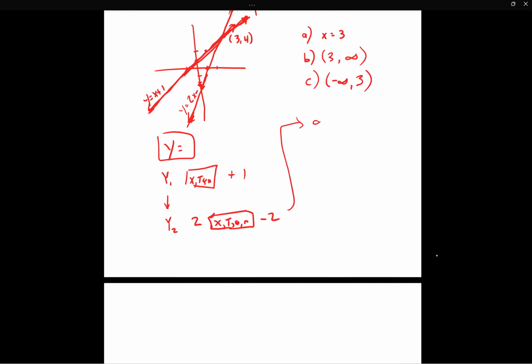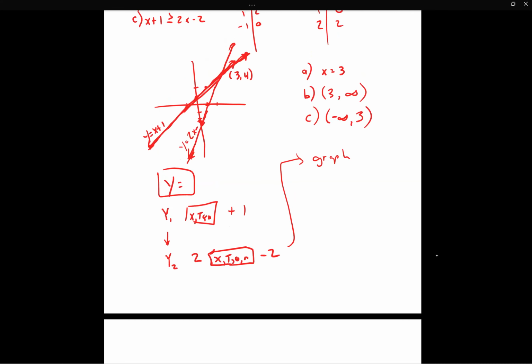So now hit graph. You should get your graph, which is going to look like our graph here. Then you can hit the button that says second, then the button that says trace.